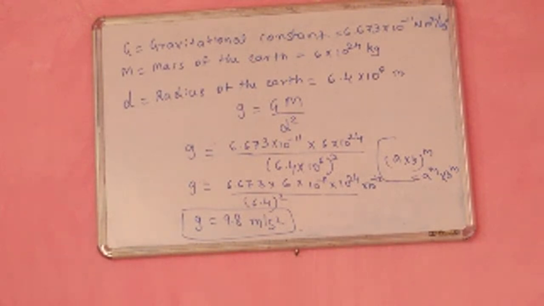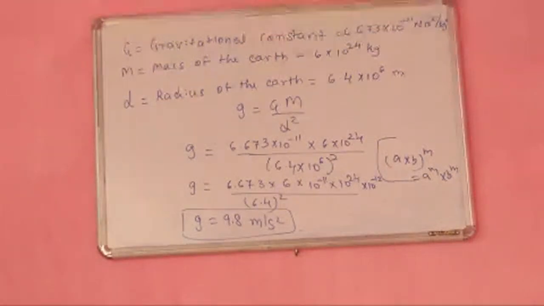The value of capital G is 6.673 into 10 raised to minus 11 Newton meter square per kg square, the mass of the earth, capital M, is 6 into 10 raised to 24 kg, and the radius of the earth is 6.4 into 10 raised to 6 meter. We found the value of small g, that is acceleration due to gravity, as 9.8 meter per second square.